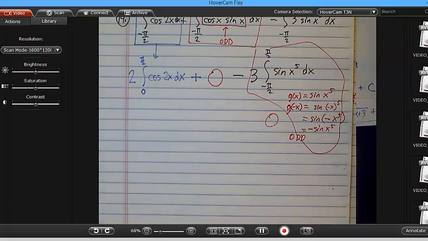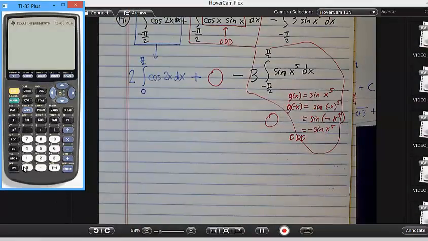Here, let me go back to the calculator. So I'm going to go to the y equals screen, clear out some of this stuff, and I'm just going to graph cosine of 2x. Okay, there it is. And so to get the answer, all we have to do is integrate, so second calculate, and this is choice 7.